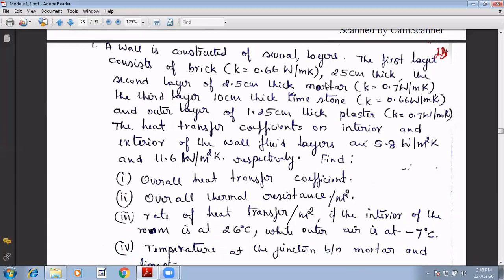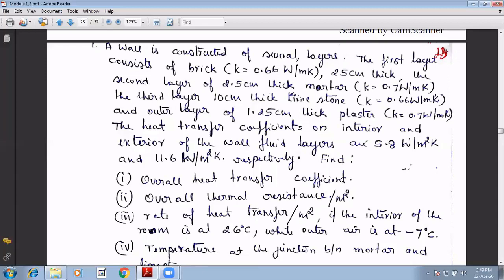Now let us consider a problem on composite slab. A wall is constructed of several layers. The first layer is a brick with K equal to 0.66, thickness 25 centimeter.